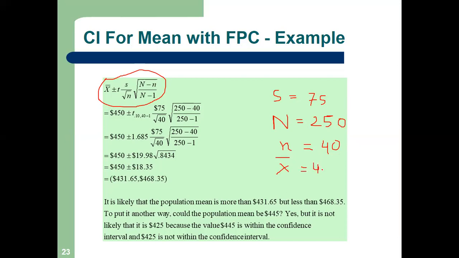Anything I forgot? And it is a 90% CI. We need to get the 90% CI. Clear? All these are given in the problem. Akshita, are you agreeing with me? Yes, sir.